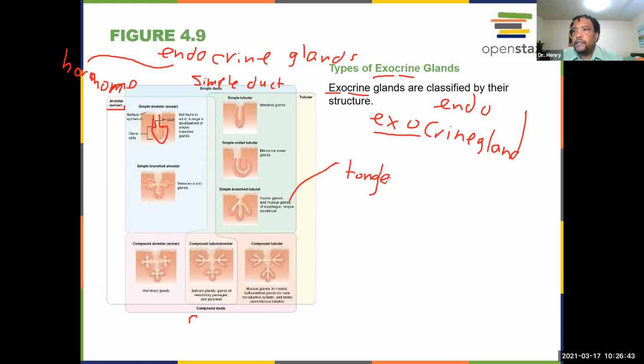And so these guys are like our tongue, or our esophagus. These guys are going to be our sweat glands.